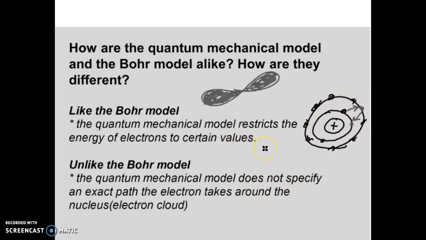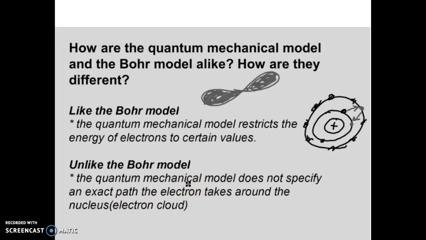So in that way, they're really a lot the same. We believe, with a lot of proof, that electrons do in fact exist in those energy levels. And the quantum mechanical model, this newer model, and the Bohr model both agree on that.